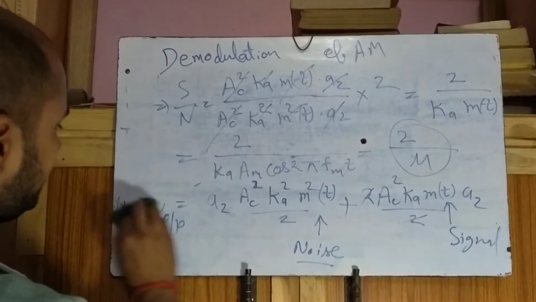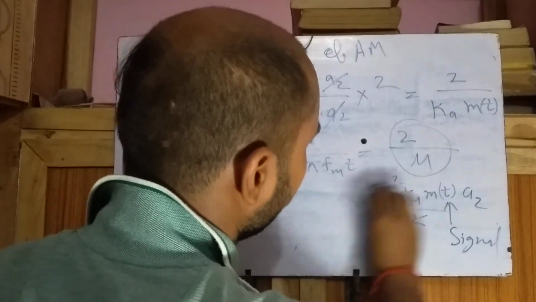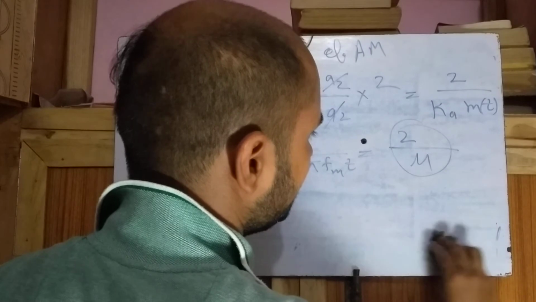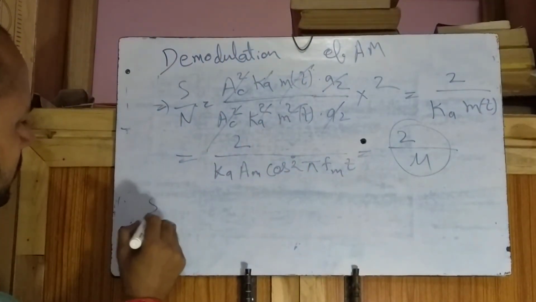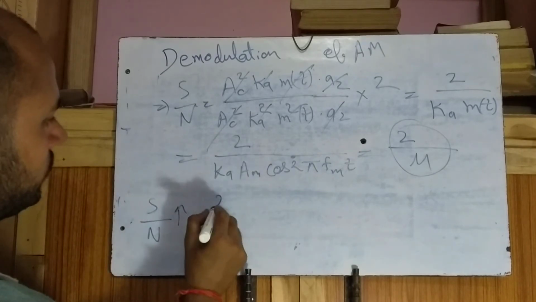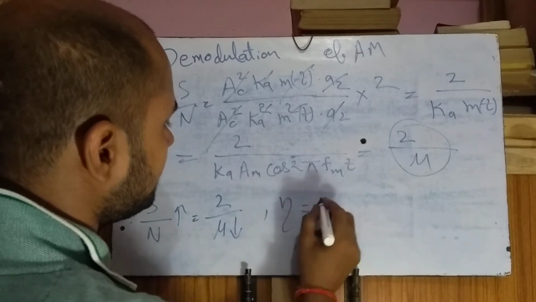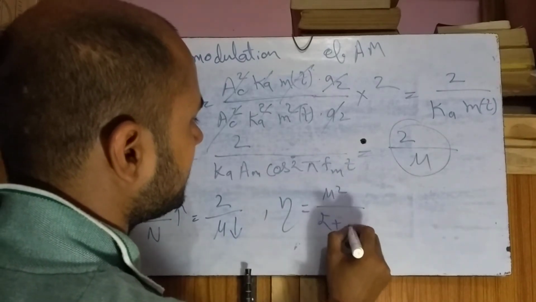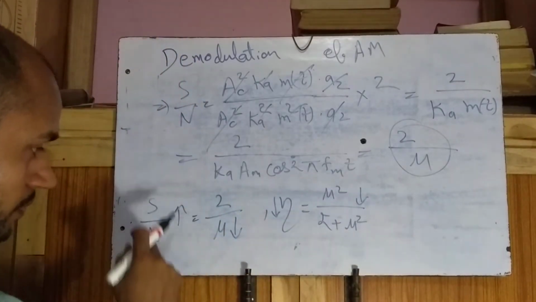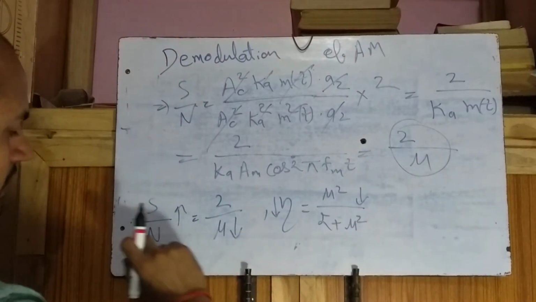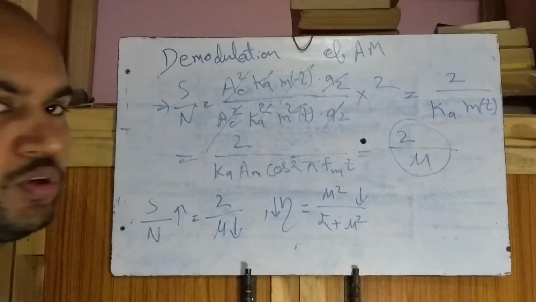So let's see. If mu is increasing, then the signal to noise ratio will decrease, but we do not want a lower signal to noise ratio. So to increase the signal to noise ratio, mu should decrease, and if mu decreases, the efficiency eta, which is mu square by 2 plus mu square, will also decrease. So either the signal to noise ratio will have to be sacrificed or eta will have to be sacrificed.